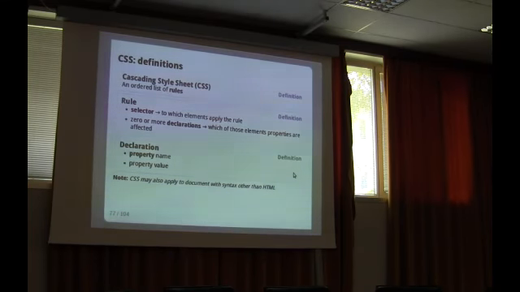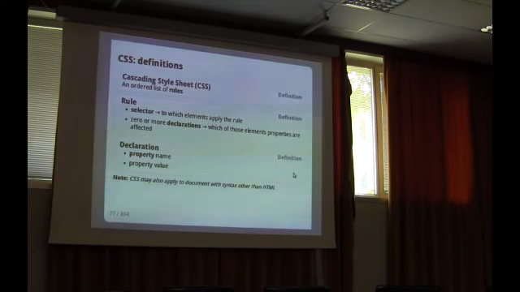Okay, let's see the syntax of a CSS document. A CSS document is simply an ordered list of rules. The order in this case matters. Each rule is composed of a selector and zero or more declarations.